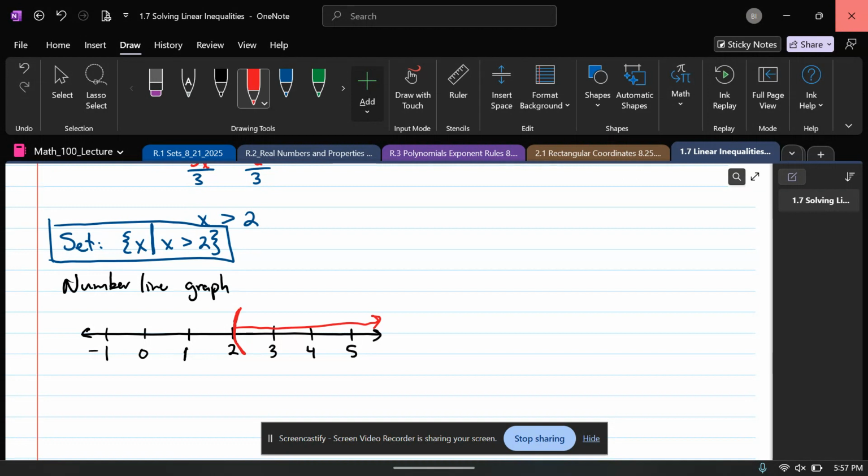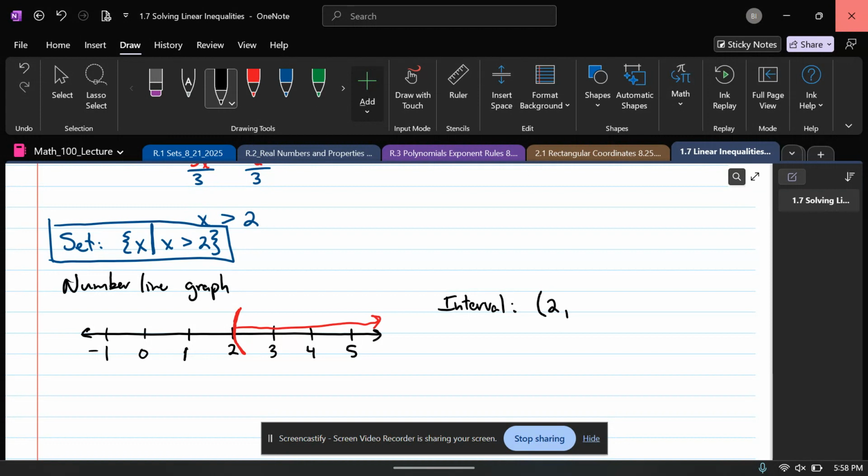What that helps me do better is the third form of the answer, which is interval notation. Remember we talked about this a little bit when we were doing domain? So the interval notation starts at 2, but it doesn't include the 2, so that's parenthesis 2, and then this line goes forever that way.